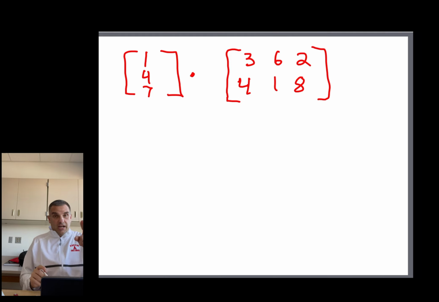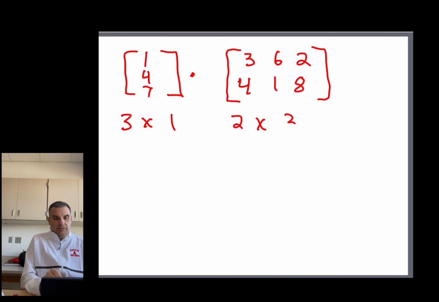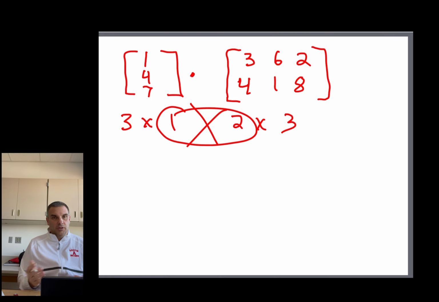Okay, so first got to be check. So we've got a 3 by 1. We've got a 2 by 3. Those two things aren't the same. Can't multiply them together. You simply say that. We can't multiply them together.